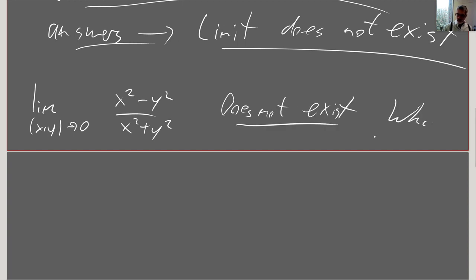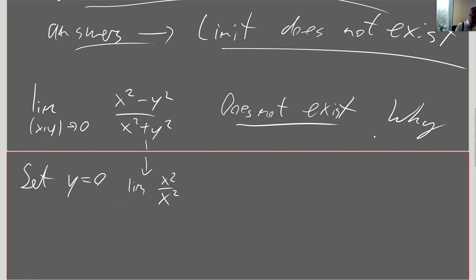So why? The reason is because we can get different things, right? So let's set y equals 0. Then what do we get? We get x squared over x squared. So we can look at the limit, and that's equal to 1. Right? So if y equals 0, our limit is 1.